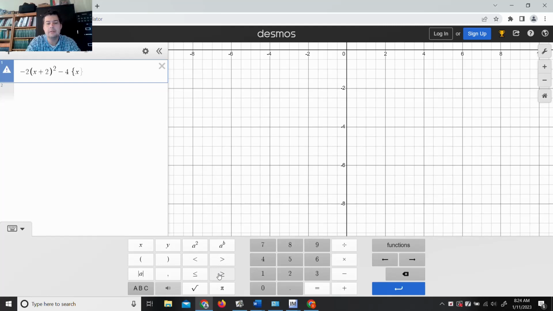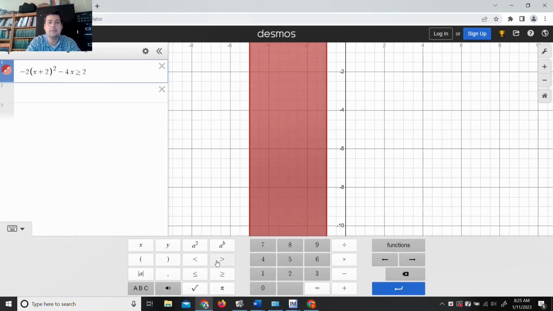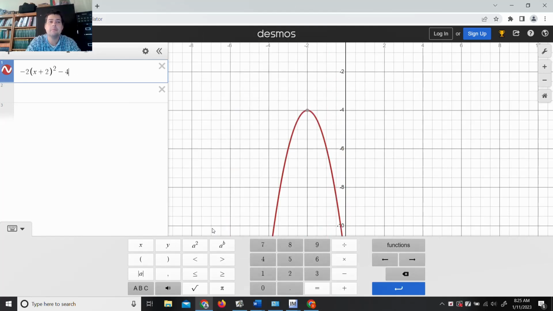X greater than or equal to 2. Close curly braces. Well, that's not it. That's also not it. Well, I got something to look up because apparently I've forgotten it. There's a way to have Desmos do domain. I wonder if it legit uses set builder.